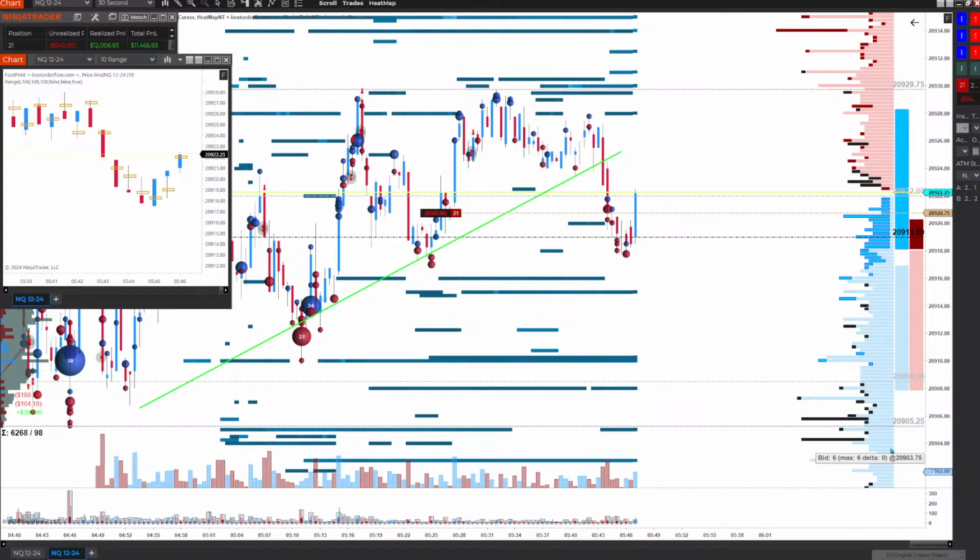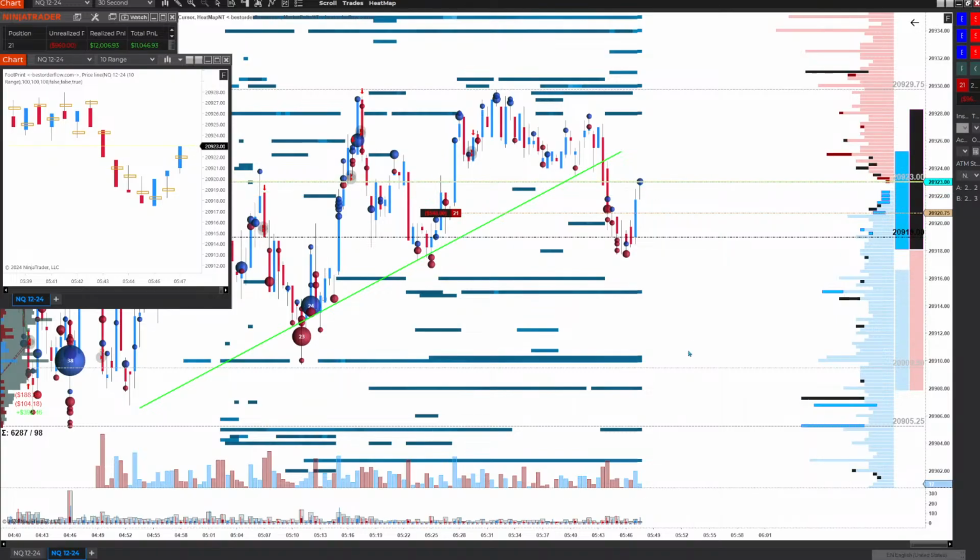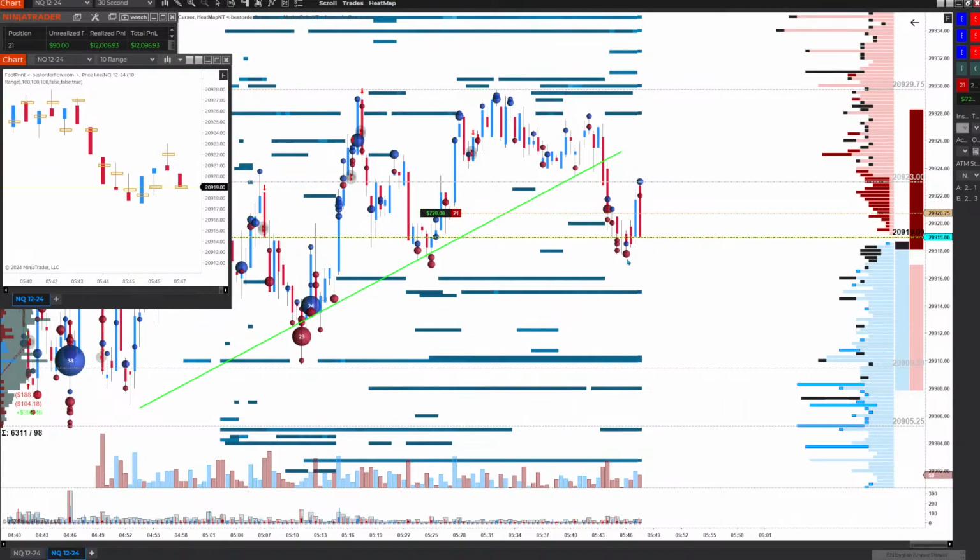Okay. Are we going to retest this green line? But we're already showing a direction because we made a new low, and this new low is the indication of intent. So the intent is to go down. That's clear. We broke out of this channel.